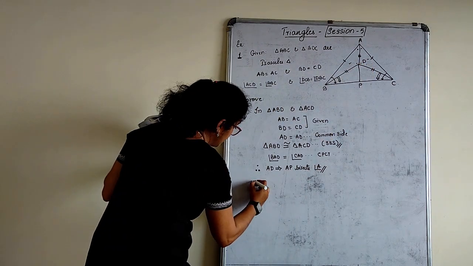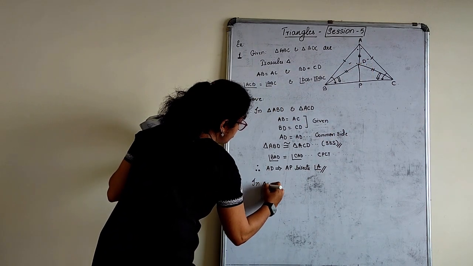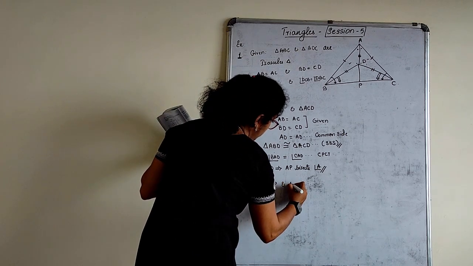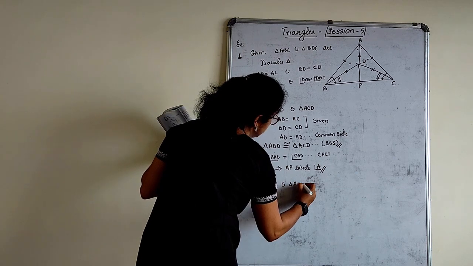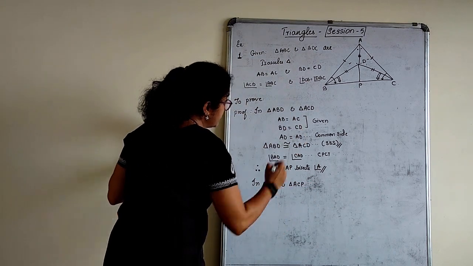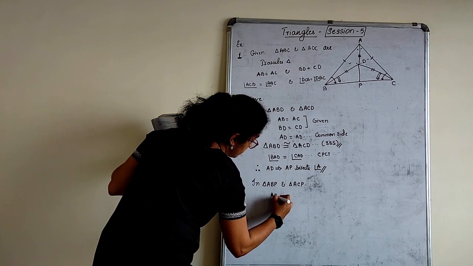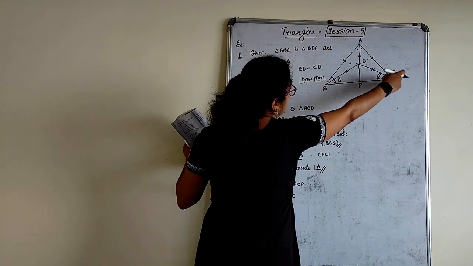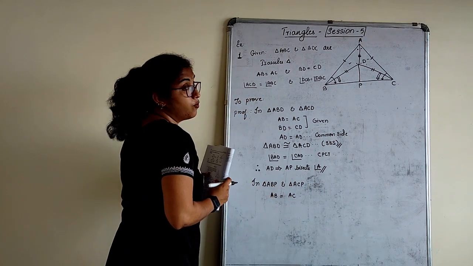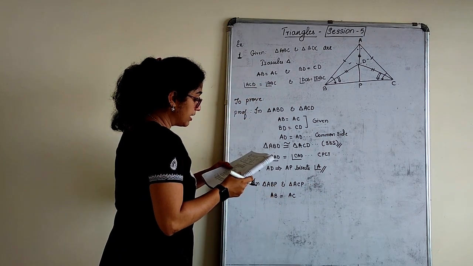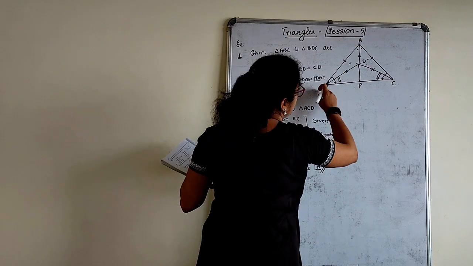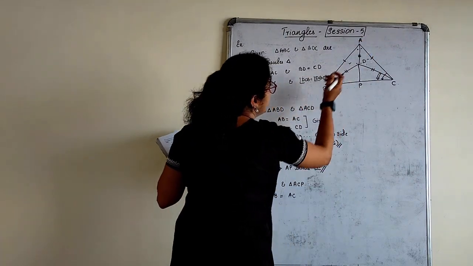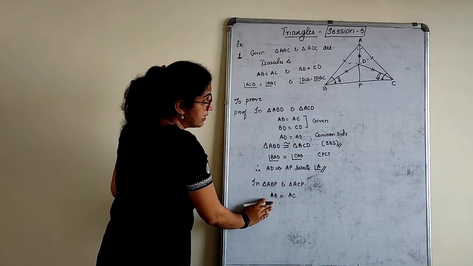Let's again take triangle ABP and triangle ACP. Again AB is equal to AC, this side is equal to this side. Then what else angles are equal here, that we have to check. Two sides are equal, already done.